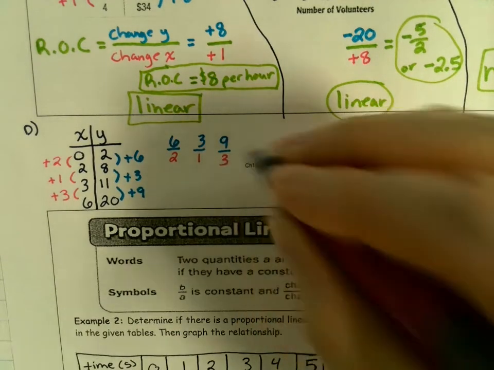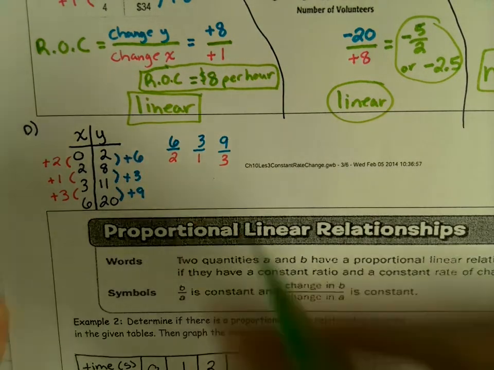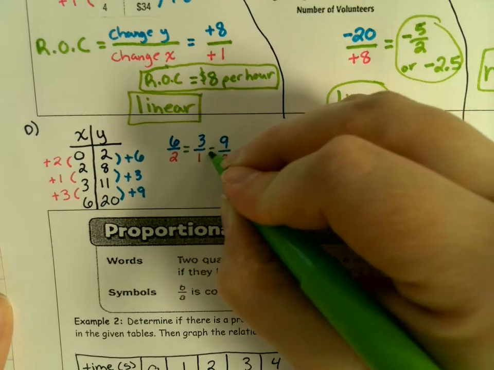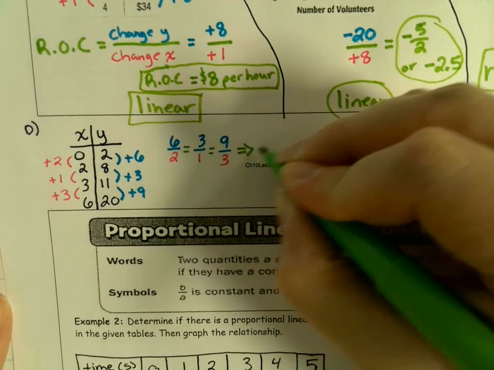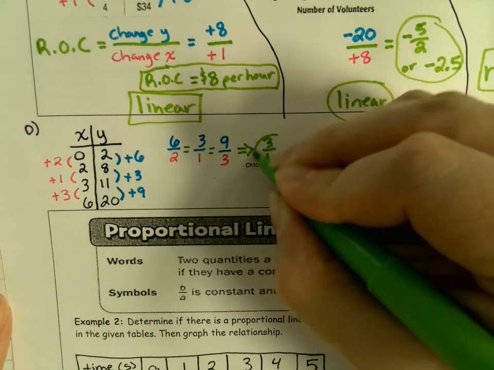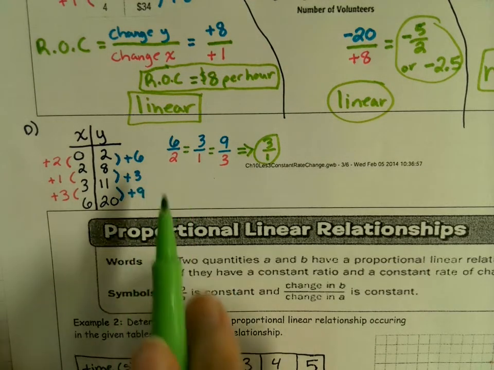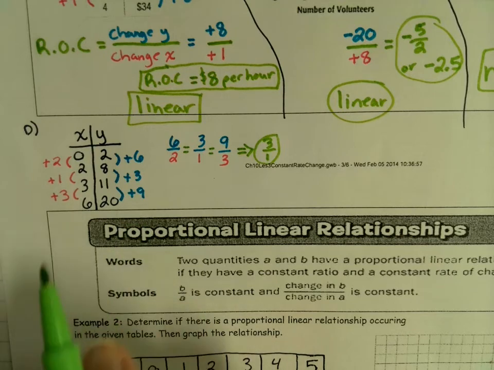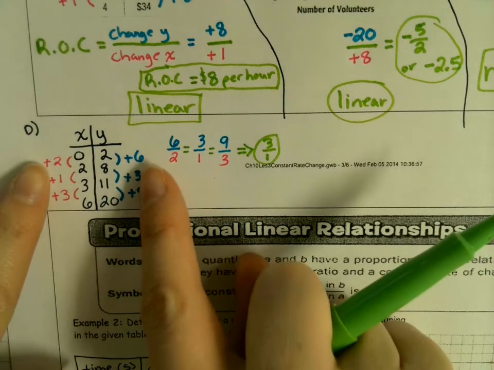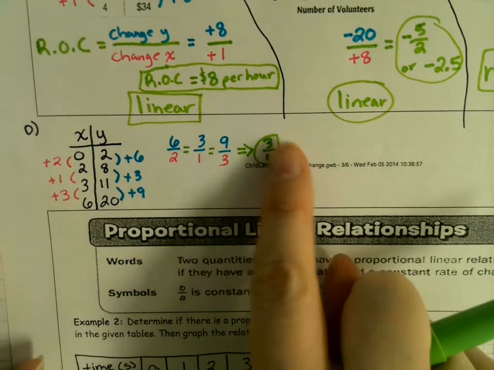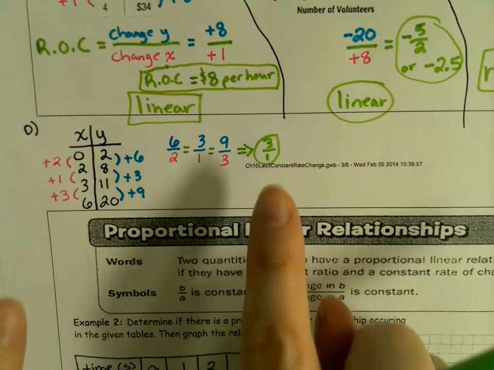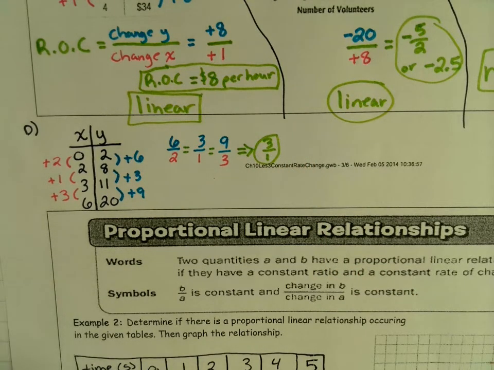All of these values are equal to each other because they all simplify to 3 over 1, or just 3. So that means that this is considered to be a linear relationship. They all simplify to the exact same equivalent ratio. So that makes this a linear relationship.